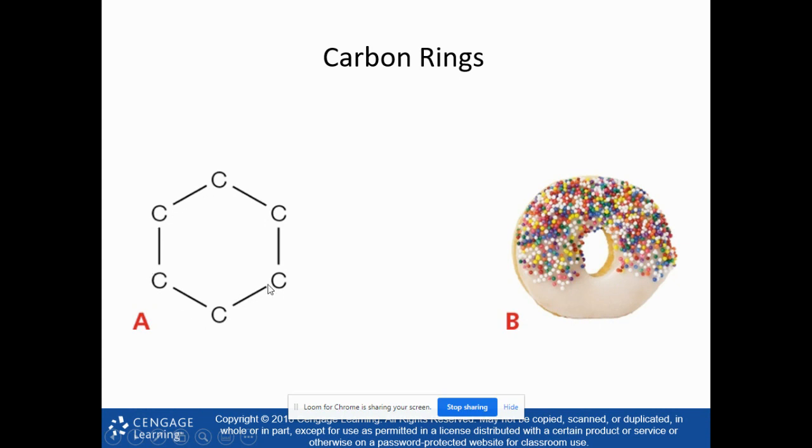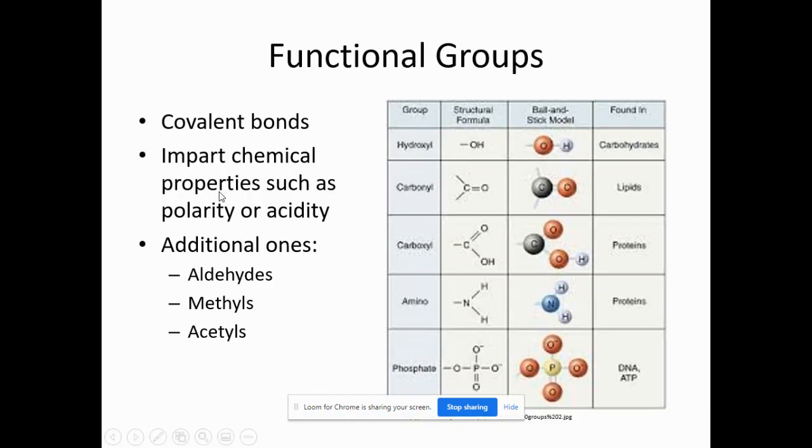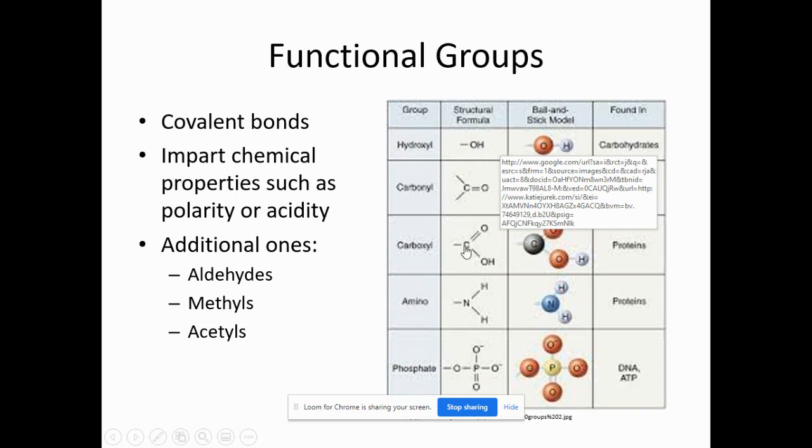But there are basically 4 basic groups of organic molecules, and they are made up primarily of the following atoms: carbon, hydrogen, oxygen, nitrogen, and phosphorus. And you see those atoms here: hydrogen, oxygen, carbon, nitrogen, and phosphorus.